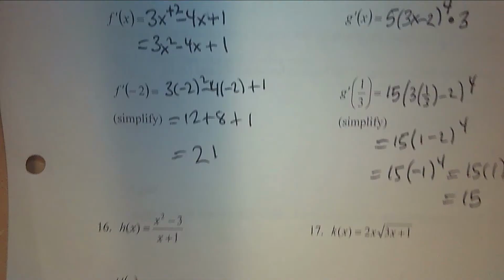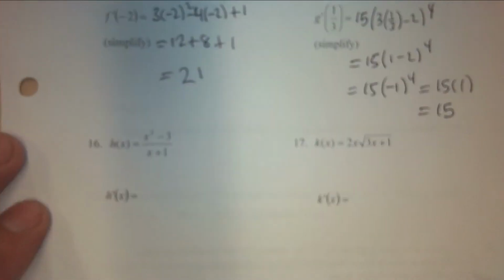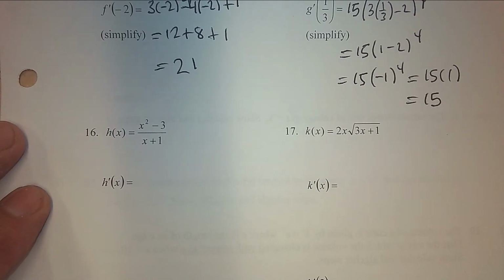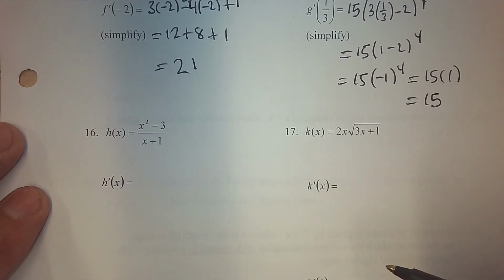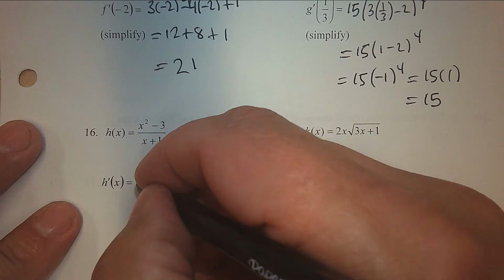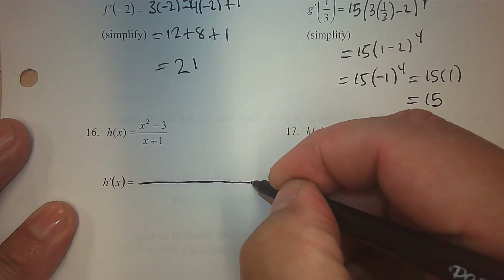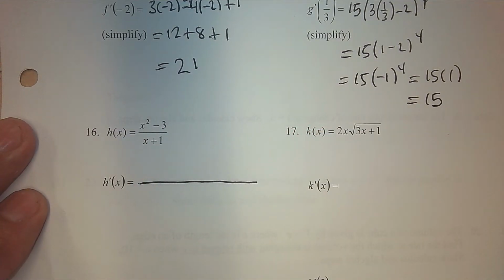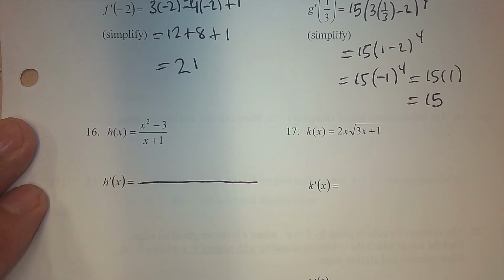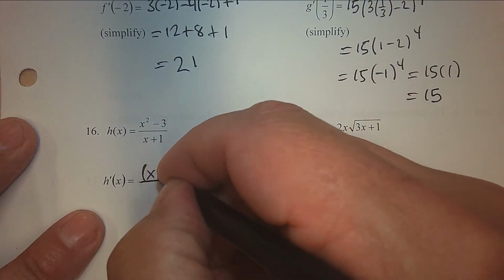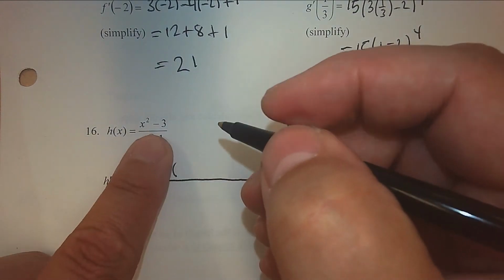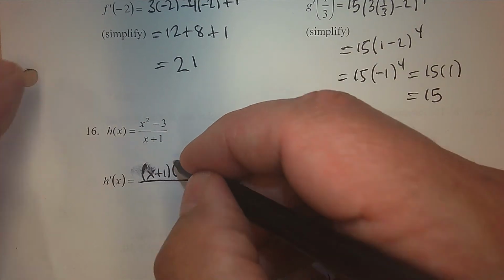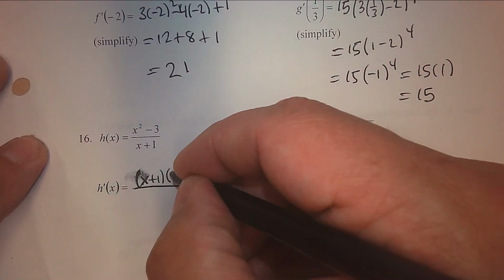16. This derivative is going to require the quotient rule. Now the quotient rule, we're going to have a long fraction line, and we're going to follow a simple pattern. It's the bottom times the derivative of the top. So x squared, the derivative is 2x.